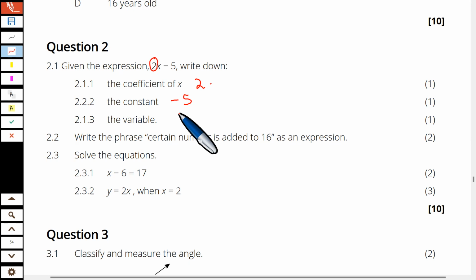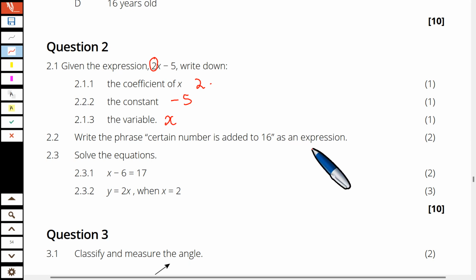Right. Which one is the variable here? What is the variable? X. Definitely. So the variable is x. Write the phrase a certain number is added to 16 as an expression.